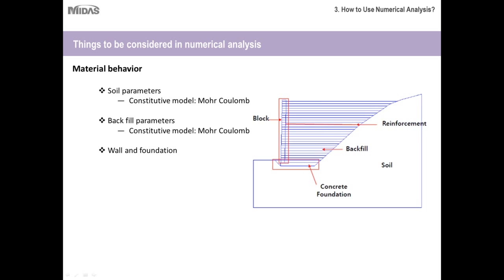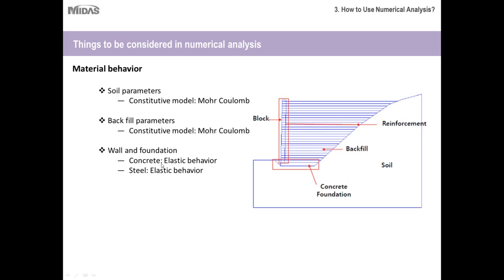Then the material properties for wall and foundation. Most of the time we deal with concrete structures, so we can use concrete material models or steel material models. Now for geotechnical analysis, and especially for the analysis of retaining walls, we assume that the structural system never yields. It is within its elastic range. Therefore, we design it in such a manner that the structure never yields or goes into a plastic or inelastic zone.